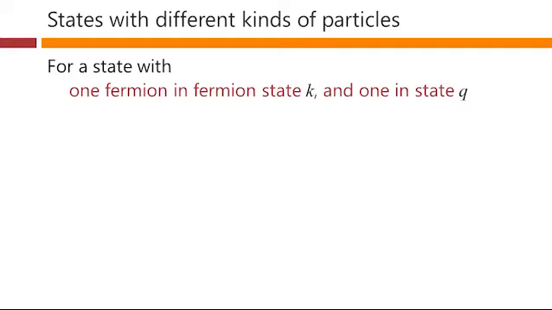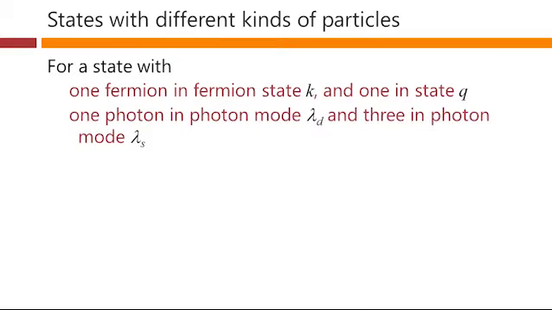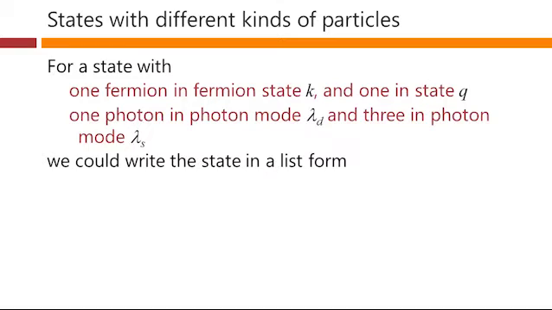For a state with one fermion in fermion state, or single particle state to be more precise about it, K, and one in single particle state, Q, and, for example, one photon in photon mode, lambda d, and 3 in photon mode, lambda s, we could write the state in a list form.